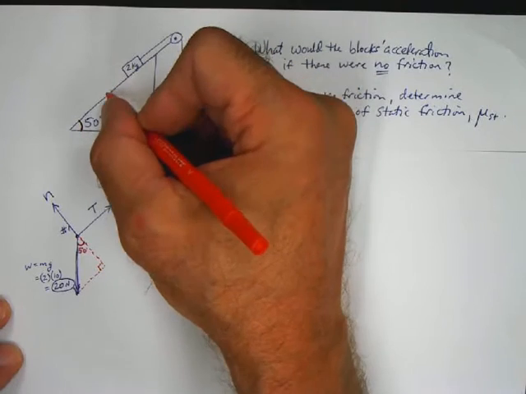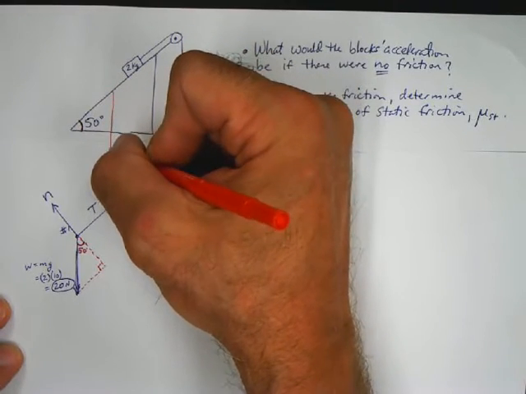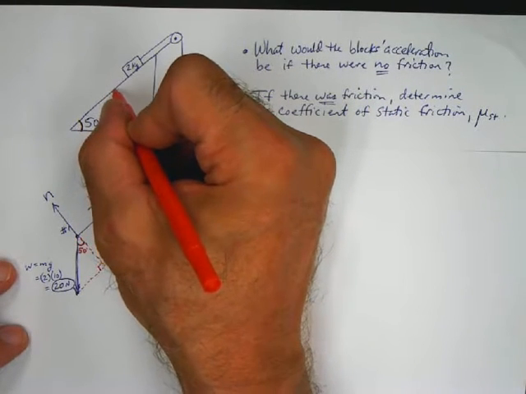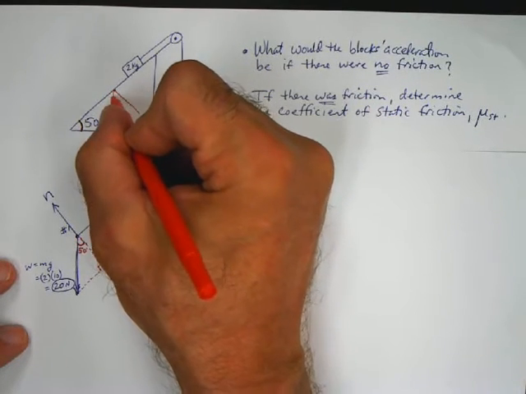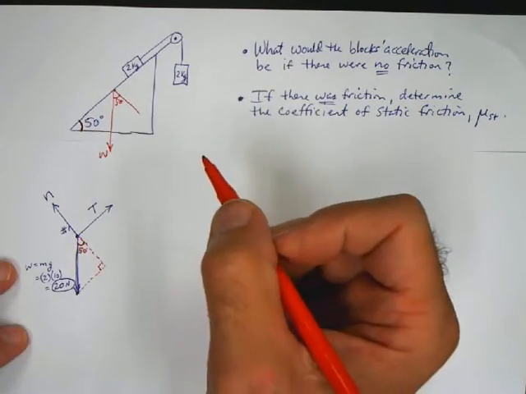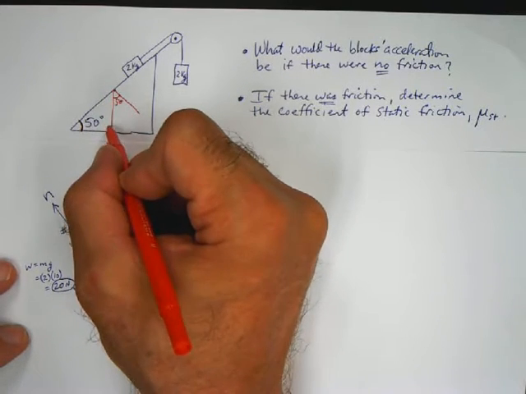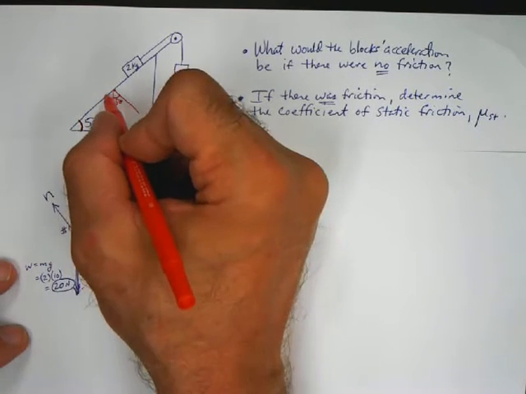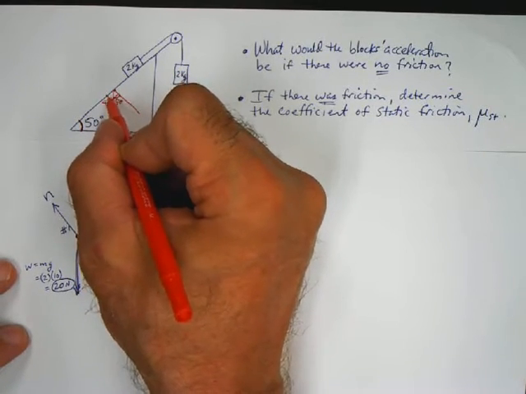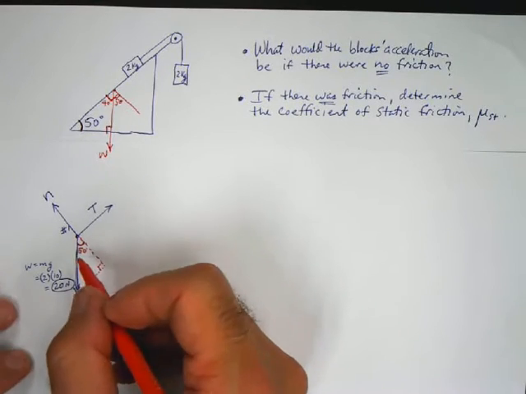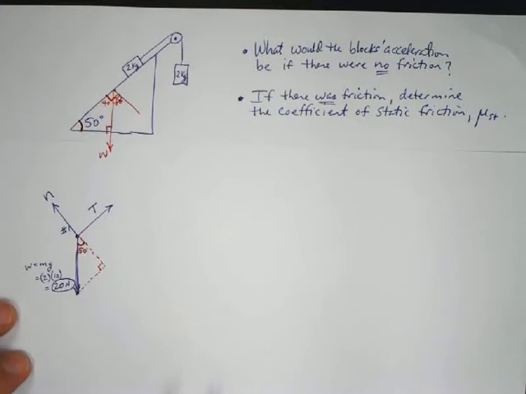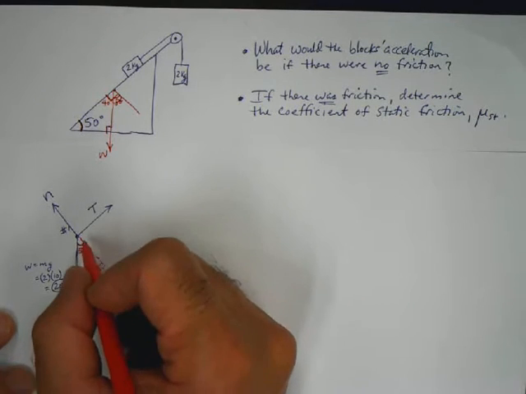Okay, and I'll just go up here and we can see that if I draw that weight vector like this and draw a line perpendicular like this, this angle here is 50 degrees, just like this angle here, because it's a 90-degree angle here. 50, 90, this would be 40. 40 and 50 gives us another right triangle right here. Okay, so anyway, if this is a 50-degree angle, then this is also a 50-degree angle.